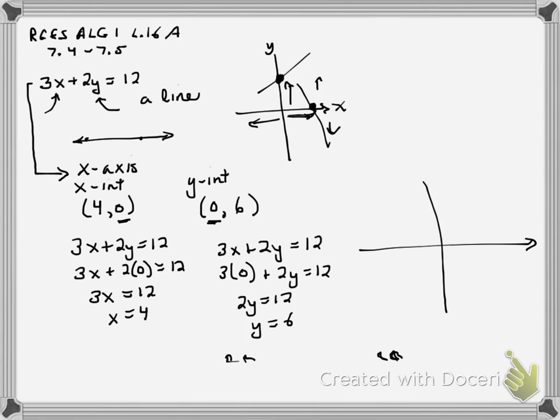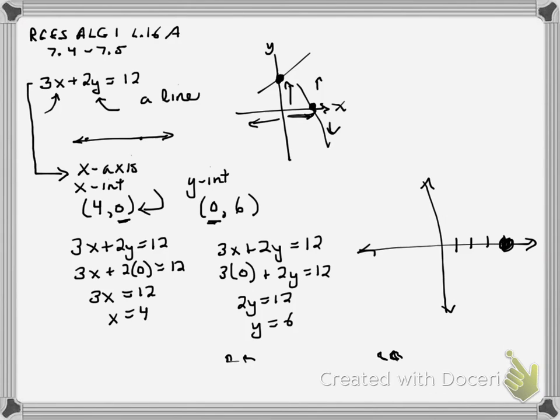and I have an equation that's linear and I want to graph it, I simply plug in a 0 for my y and solve for the x-intercept. 1, 2, 3, 4, it crosses the x-axis.